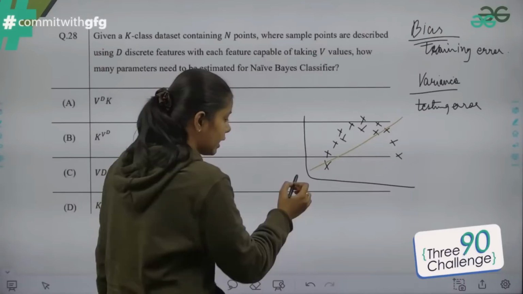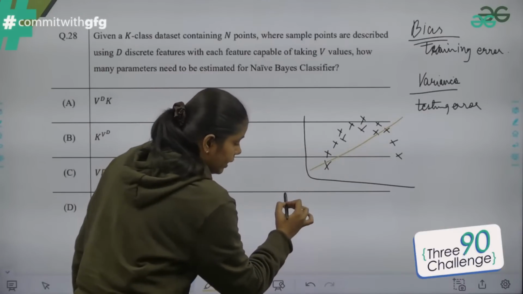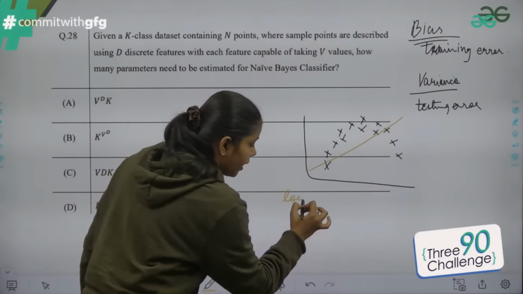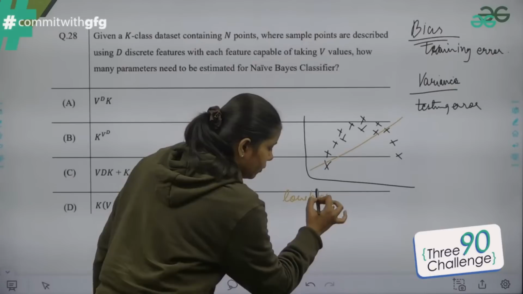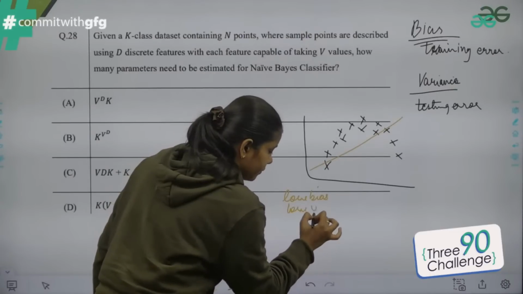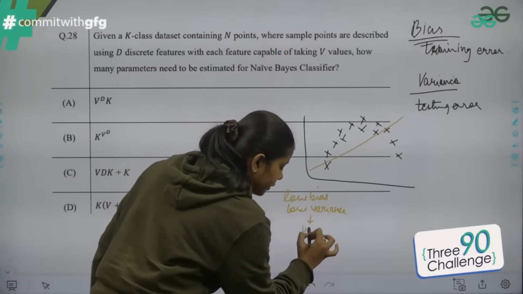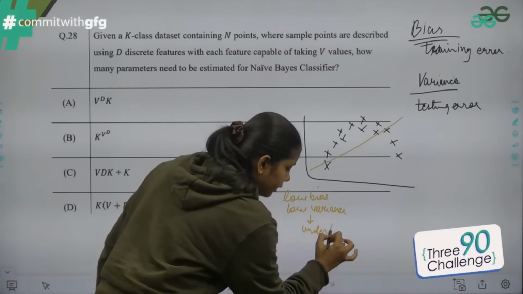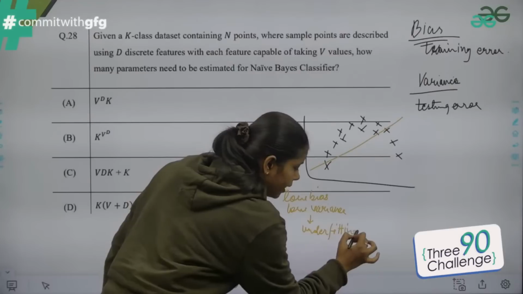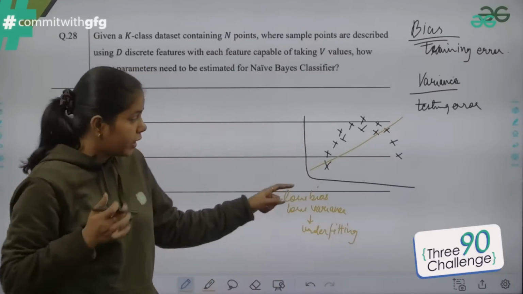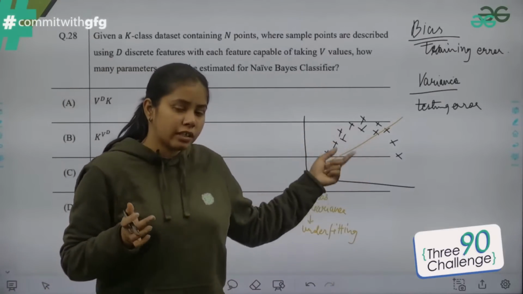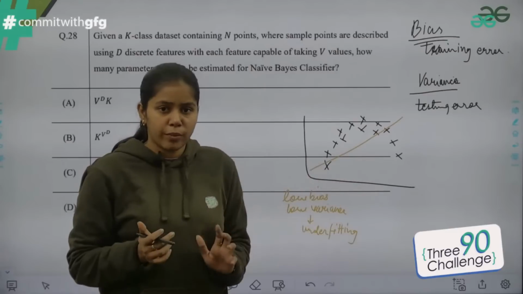So in the yellow case I have high bias and high variance, and we call this case underfitting. The model is not performing on testing data, and it is not performing on training data as well.